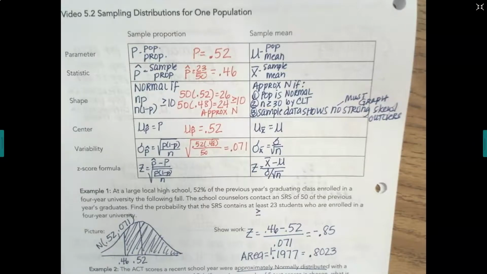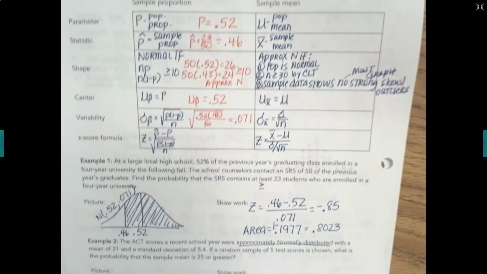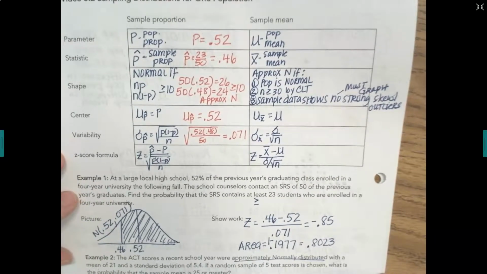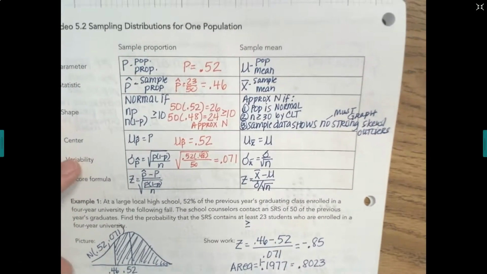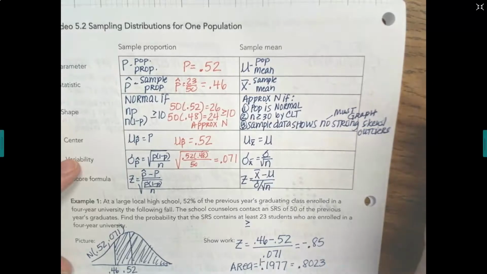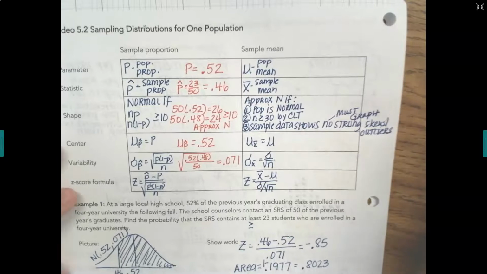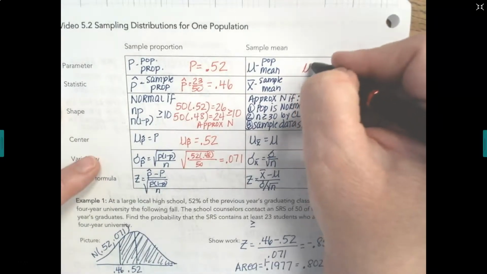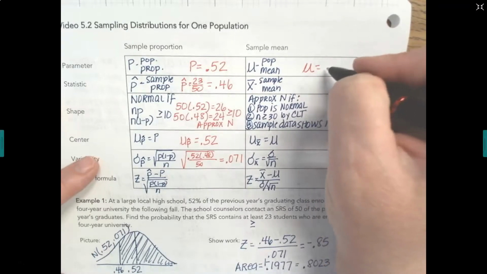So let's talk about it in the context of this problem. We have the ACT scores were approximately normally distributed with a mean of 21 and a standard deviation of 5.4. So they're talking about overall ACT scores. So you have a mean here of 21.